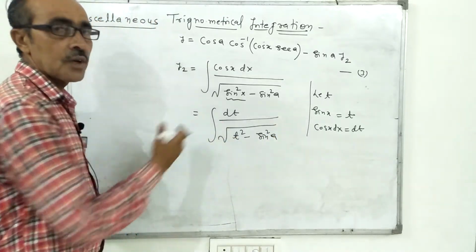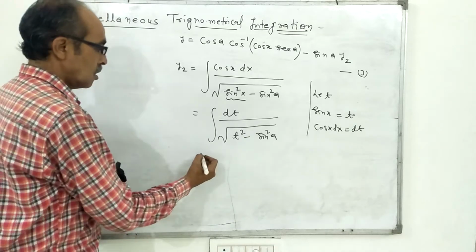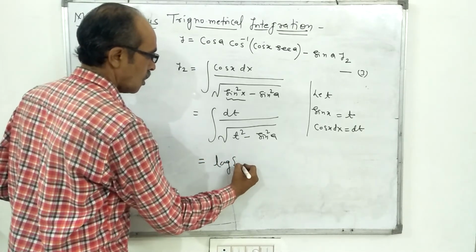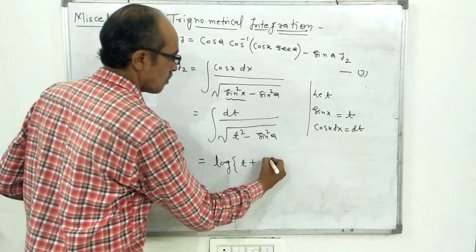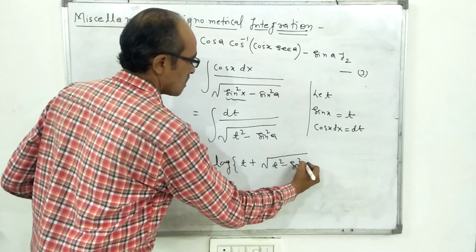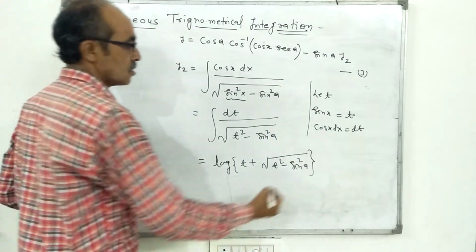This is a hyperbolic function, and can be written as a logarithmic function also. So the integral value of this term is log of t plus the root of t square minus sin square a.